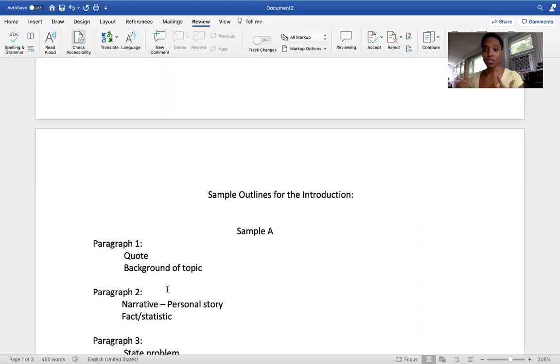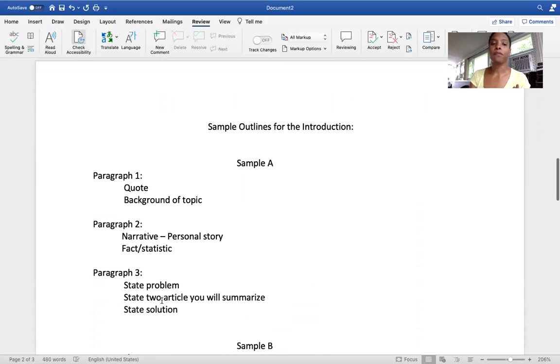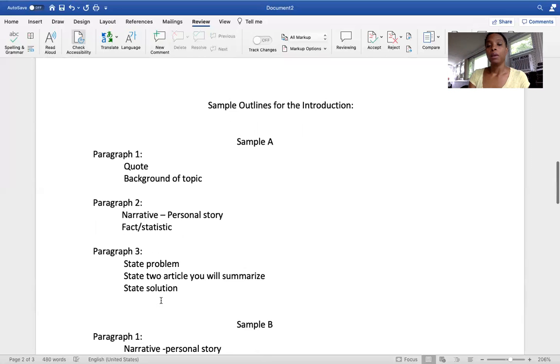And then I'm going to have a startling fact or statistic. And then paragraph 3, which is my last paragraph in this introduction, I have to state the problem. I have to briefly summarize or briefly go over or introduce the 2 articles that I will summarize in detail next week, and I have to state my solution. So that's the first sample.